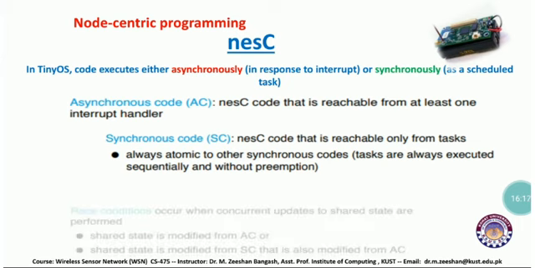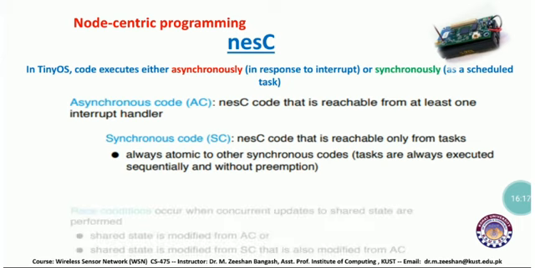So the race conditions occur when there are concurrent updates to shared states. Synchronous code is always atomic to the other synchronous code.